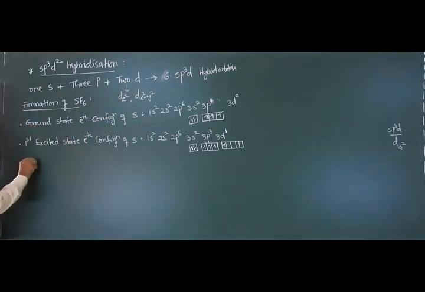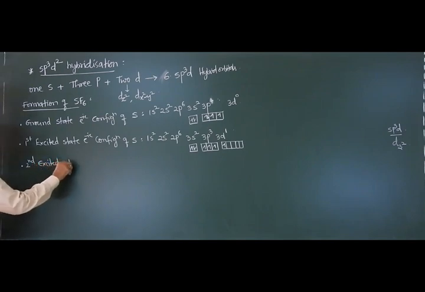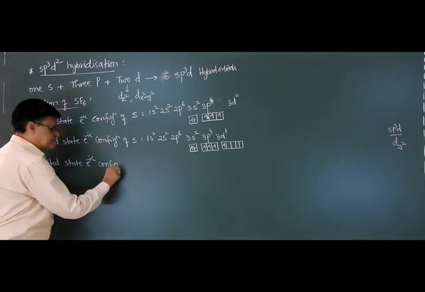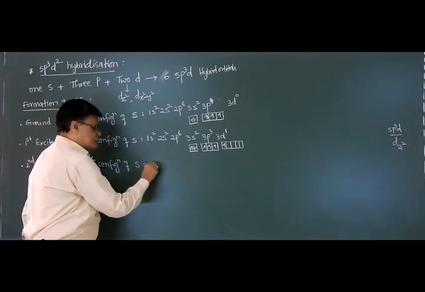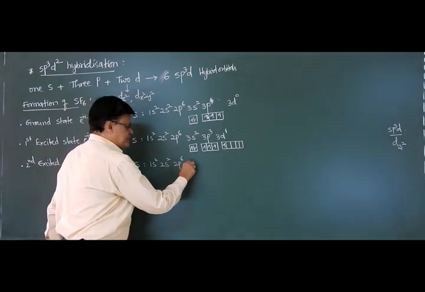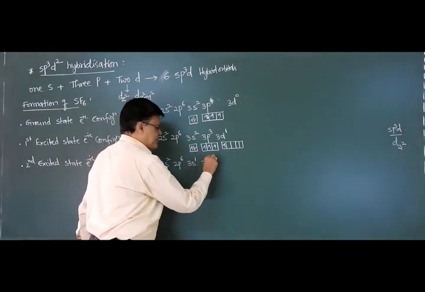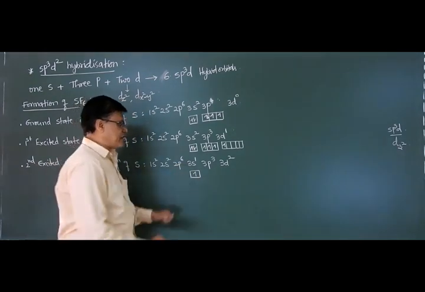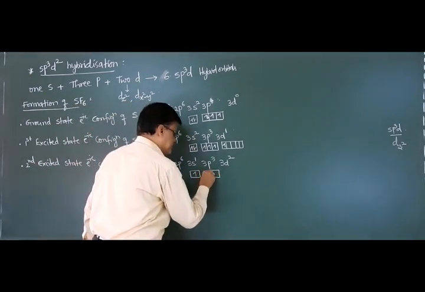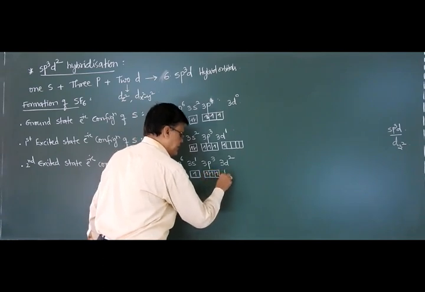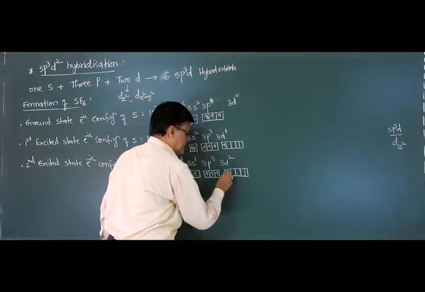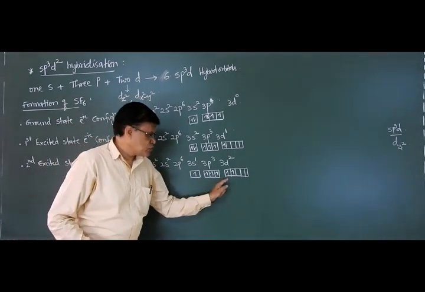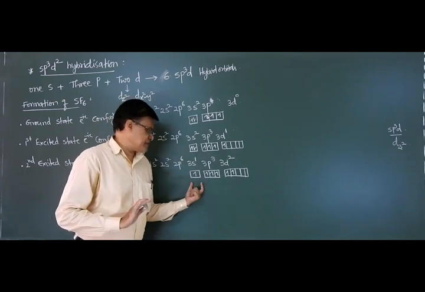Second excited state, you write down the full electronic configuration of sulfur: 1s2, 2s2, 2p6, 3s1, 3p3, 3d2. 3s having 1 electron, 3p having 3 electrons, 3d having 2 electrons in 5 orbitals. 1 s orbital, 3 p orbitals, 2 d orbitals participate in hybridization, sp3d2.